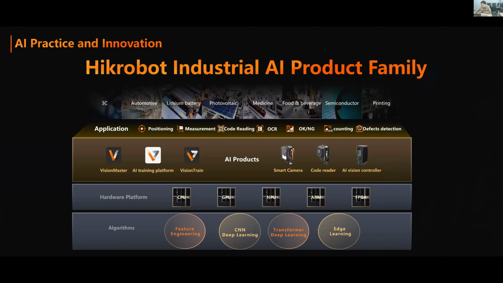Based on these understandings, the Hikrobot intelligent product team has provided customers with a series of AI products through continuous innovation in software and hardware, covering Vision Master, Vision Train, AI training platform, AI vision controller, AI training server, smart camera, smart code reader, and many other forms of products, forming a complete set of AI product family and solutions from data acquiring, cleaning, labeling, training, edge reasoning, data, and project management.